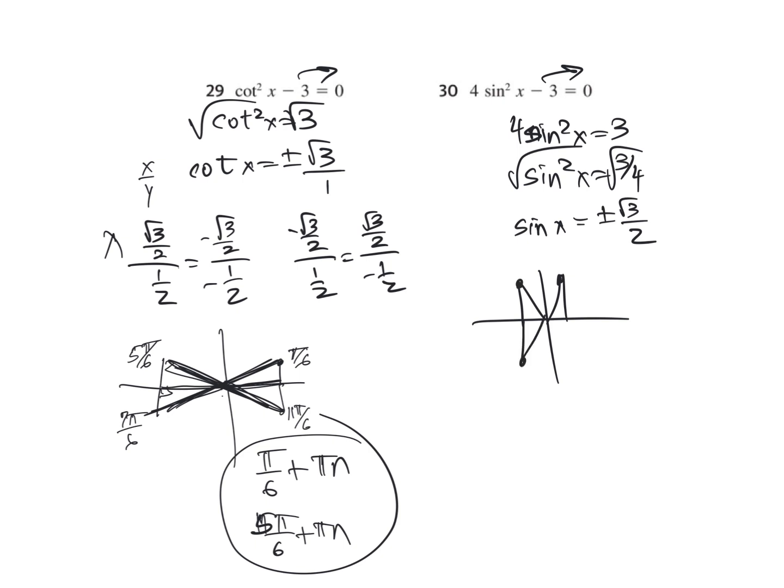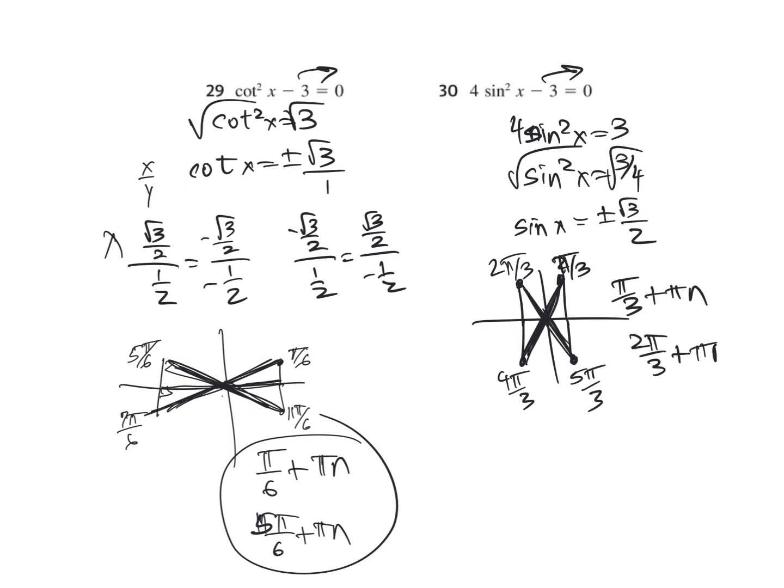Then you have the negative y value being the long leg. So again, those are pi over 3, 2 pi over 3, 4 pi over 3, and 5 pi over 3. And they're 180 degrees apart. So do the first one, pi over 3 plus pi n, and 2 pi over 3 plus pi n.